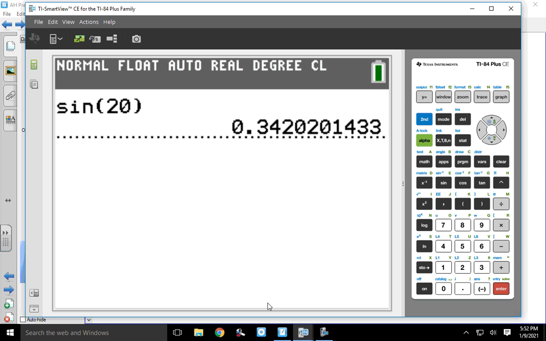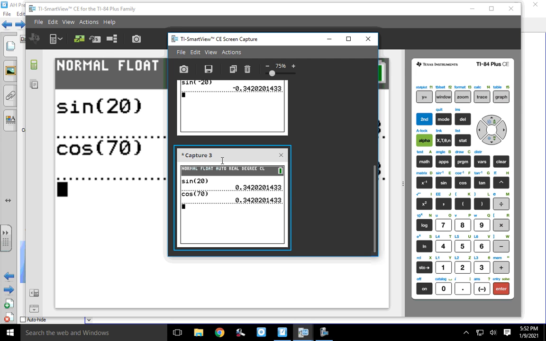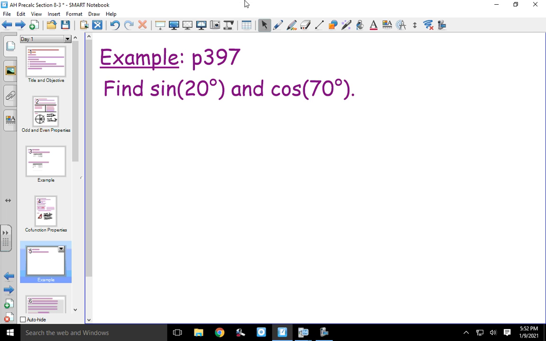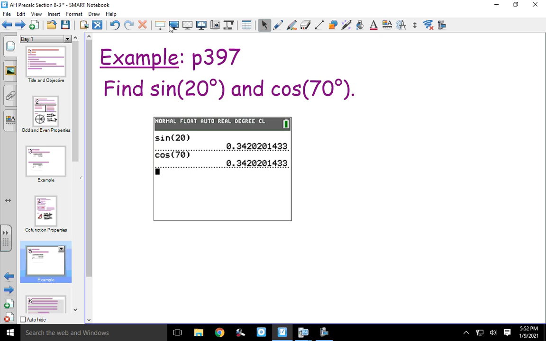And let's take the cosine of 70 degrees, which I guess we did already calculate the sine of 20 earlier, but we've recalculated. If I calculate the cosine of 70, again, we should not be surprised because of this cofunction property that we get the exact same thing. Very nice.